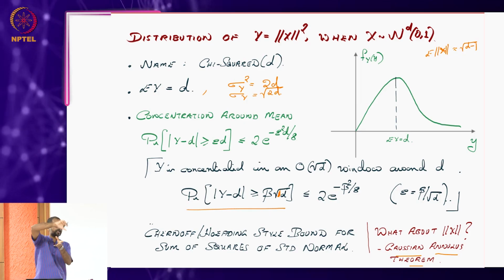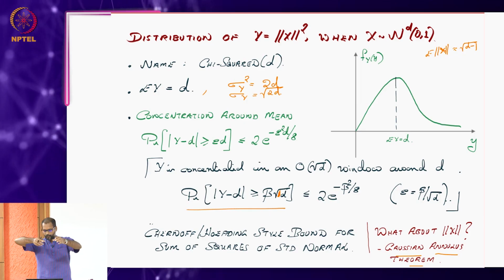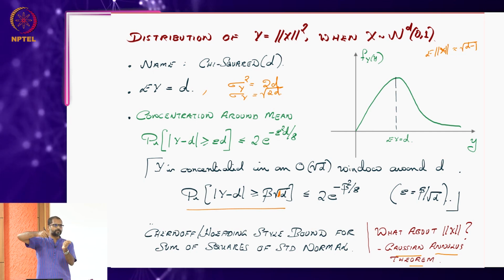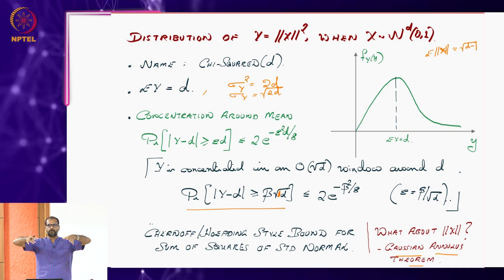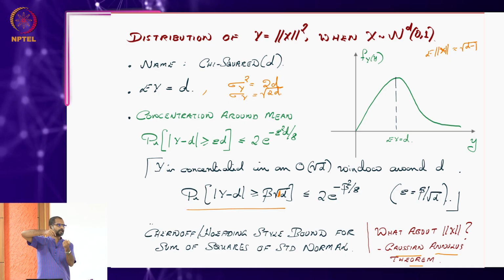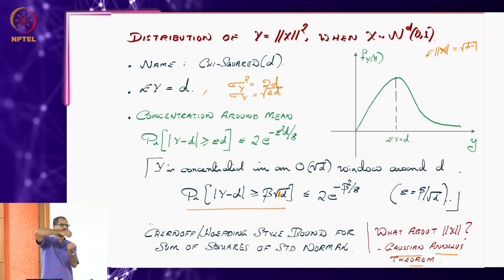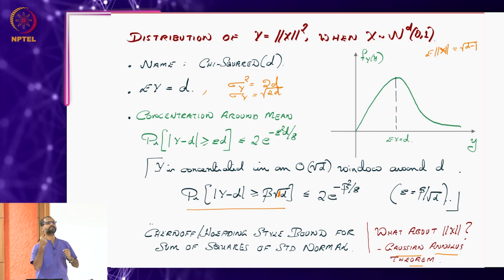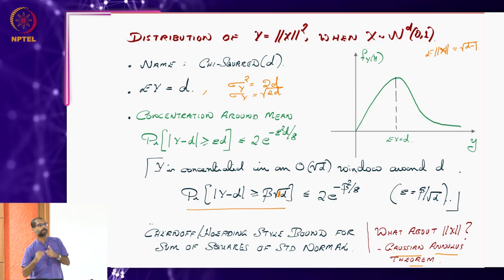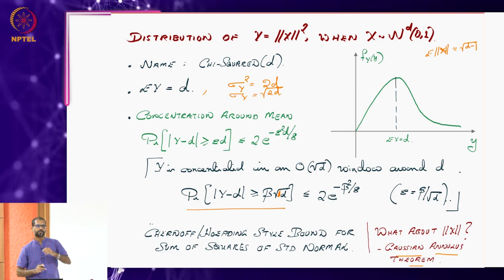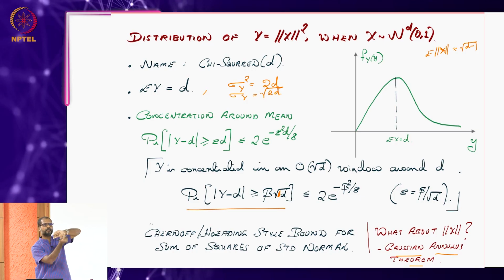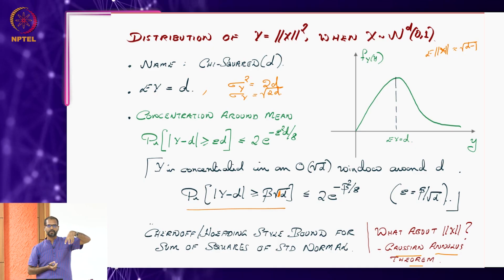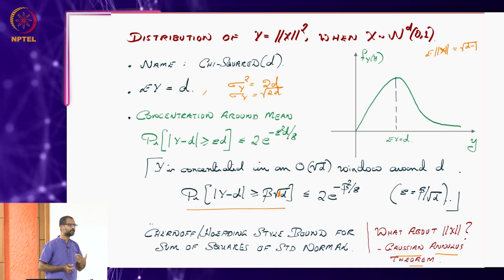That is because you are talking about a spherical Gaussian and you are going to say that the norm is concentrated around root d, which means, again, imagine the two dimensional Gaussian for now. This distribution has its maximum probability on a circle whose radius is root d minus 1. So, that is like a ring around a circle whose radius is root d minus 1. This ring is called an annulus. So, that is why it is called the Gaussian annulus theorem.